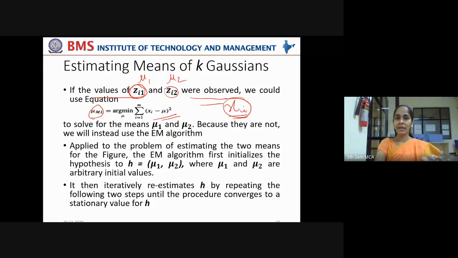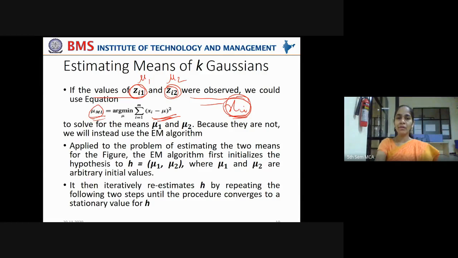Otherwise, say the zi2 distribution's mean has the maximum likelihood, has maximum probability. In that case, we say that the training instance xi is derived from the distribution zi2, not zi1. Okay, that is the problem now. Now, if you know the means of both distributions, assuming the values of zi1 and zi2 were observed, we could use this equation: mu maximum likelihood is the arg min of the sum of squares of the prediction error, since you are trying to minimize the prediction error.